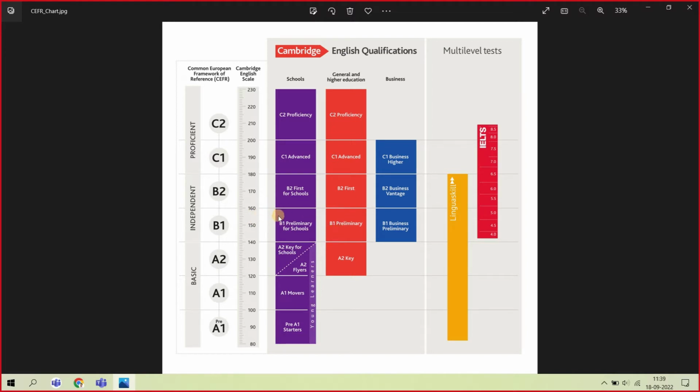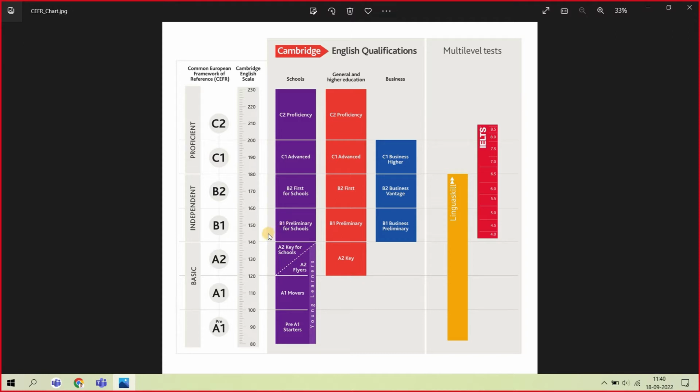Okay, and then comes the final one, which is called C1 and C2. Okay, C1 and C2. C1 means you are at an advanced level in English, and C2 means that you are very proficient. So, I hope that all of you must be at this gap. Either C1 or C2 is the proficiency level.